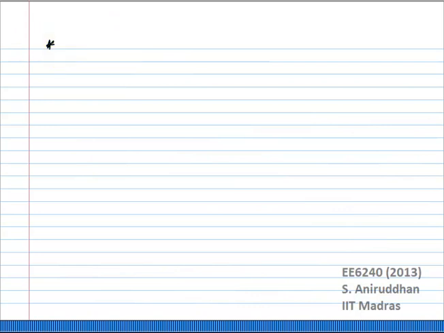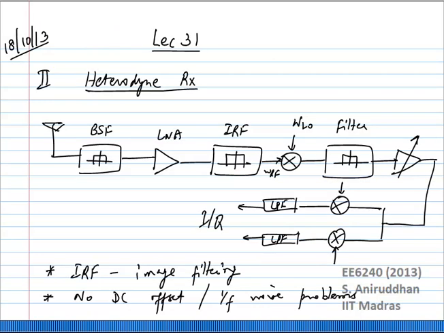How do you choose your IF in this case? Remember that this is omega IF. How do you choose your IF frequency, the intermediate frequency? Correct. So you have two cases.